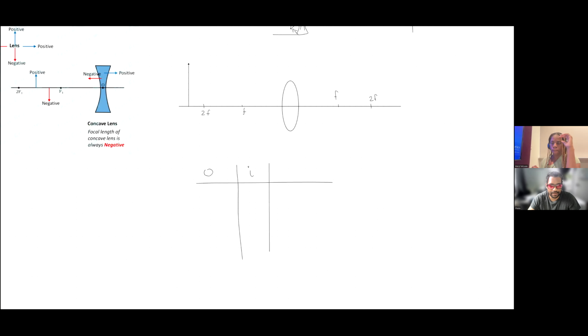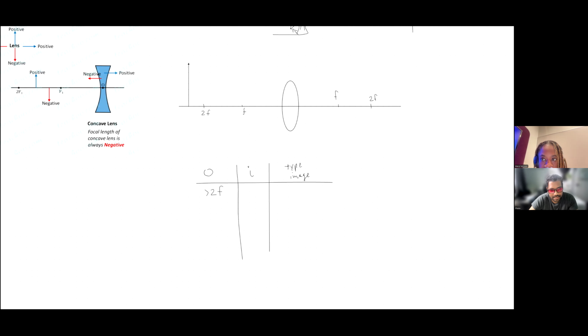And the type of image will be in this last column. So let's say that the object distance is beyond 2f, like this object, which I drew as an upright arrow here. It's further than 2f, right? Yes. And you can plug the numbers into the thin lens equation, but I'm just going to do that for you so you have this table that you can use.